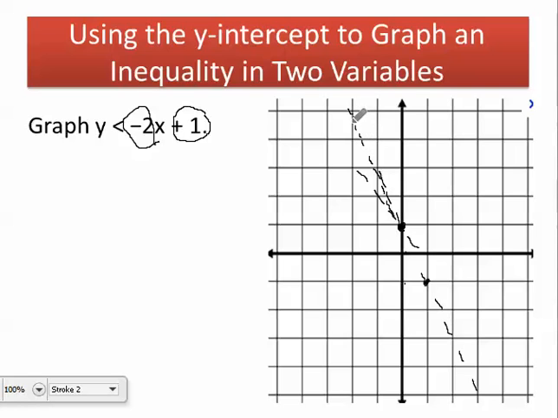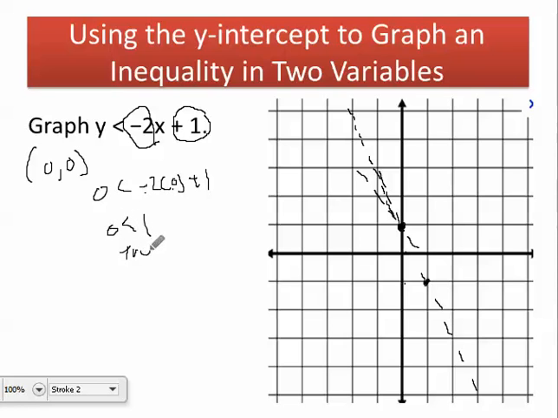Like that. Now the question is, which side of that line am I going to shade? I'm going to pick the point 0, 0, and I'm going to stick that in for the x and the y value. 0 less than negative 2 times 0 plus 1. Well, negative 2 times 0 is 0, so I'm going to get 0 is less than 1.